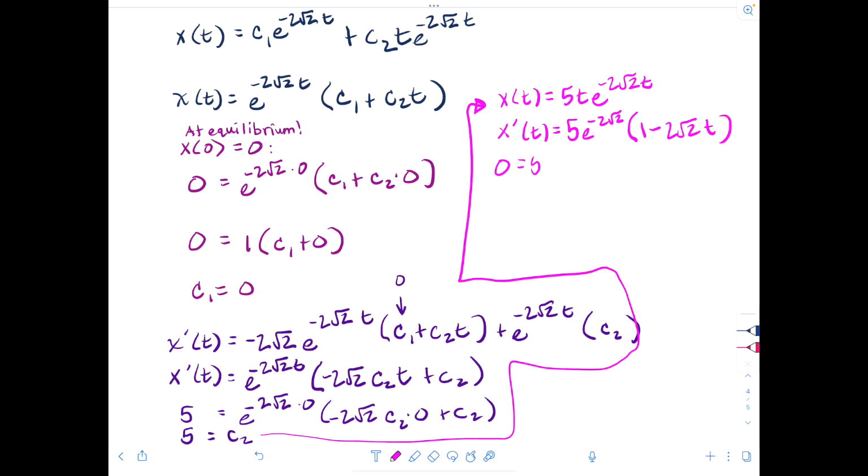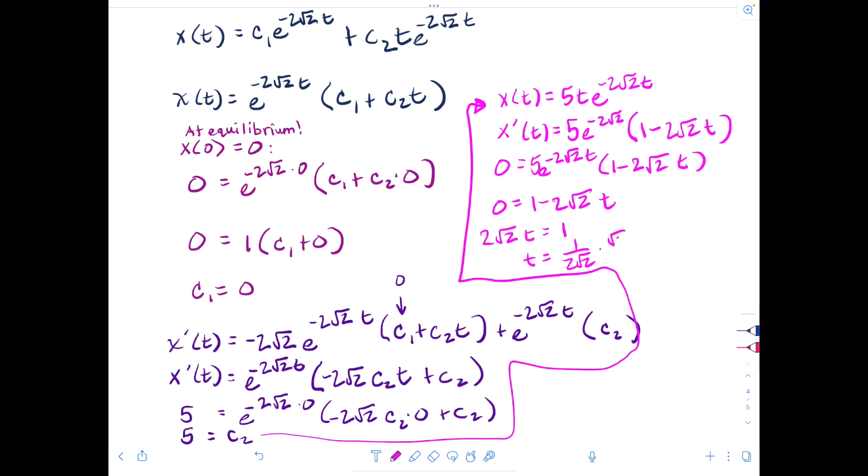Notice that the 5e to the negative 2 root 2t is never 0. So we'll be focusing on 1 minus 2 root 2 times t. So 0 equal to 1 minus 2 root 2 times t. We'll get 2 root 2t is equal to 1. T is equal to 1 over 2 root 2.